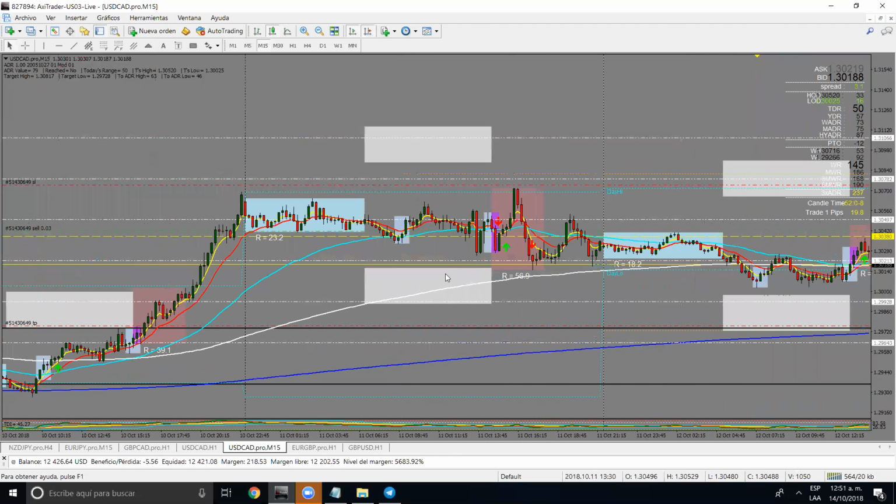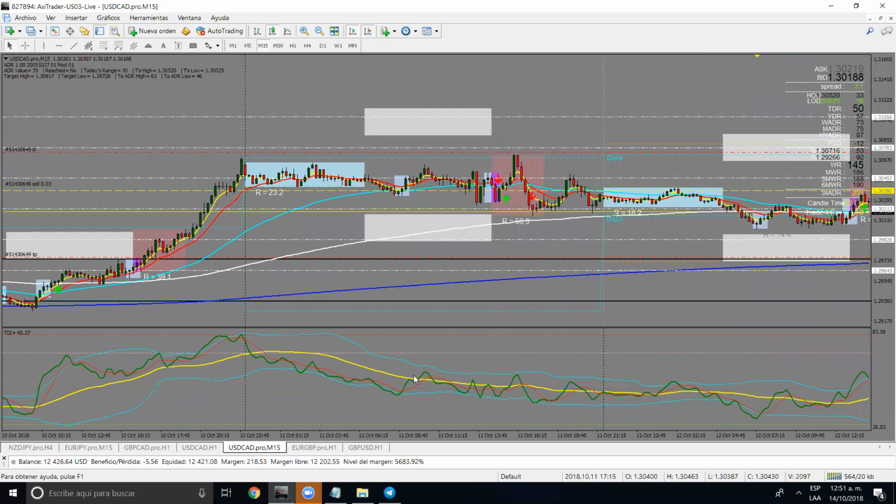We have another thing here, the TDI. This is an indicator that is usually used with the market maker. We have Bollinger Bands with RSI, stochastic. I think this is another stochastic as well, this blue line, this yellow line, but a slower stochastic.